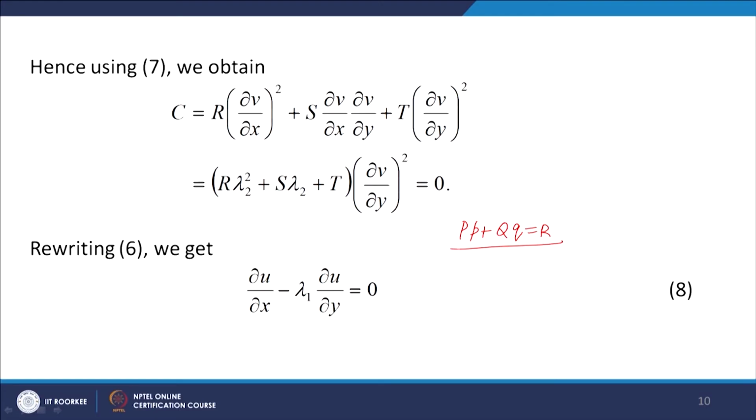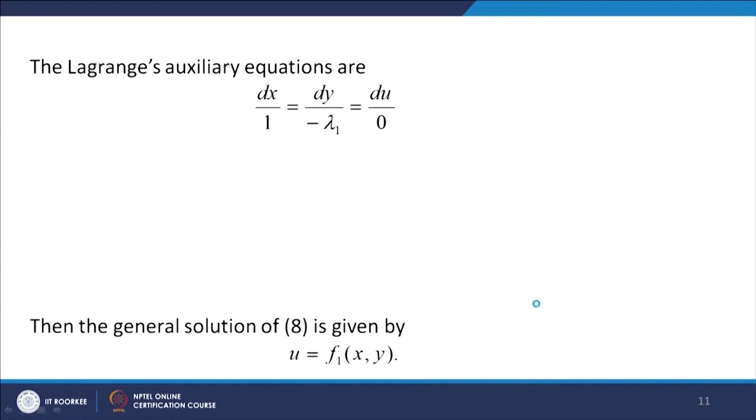Capital P is 1, capital Q is minus lambda 1, and R is equal to 0. So, we can write the characteristic equations for this Lagrange equation. We will have dx over 1 equal to dy over minus lambda 1 equal to du upon 0. This is how we arrive at the Lagrange auxiliary equations.